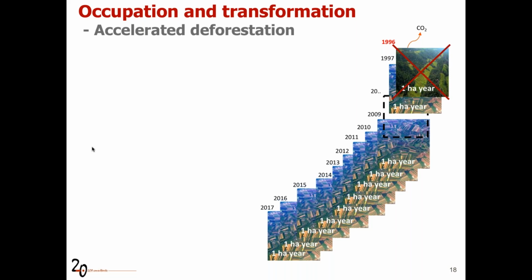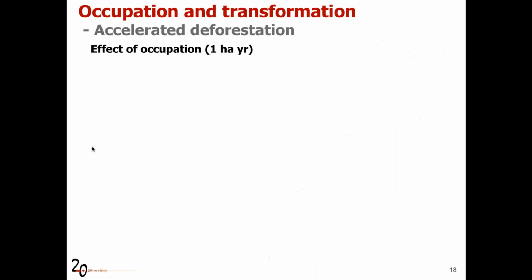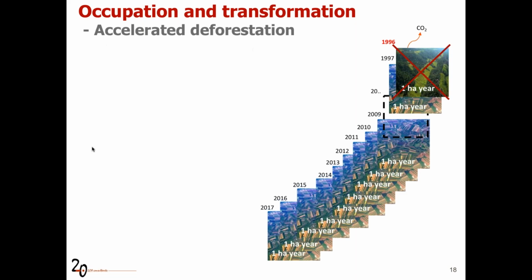It's not possible. So we would like to overcome this kind of logic. So away with that one. So what we do instead is that now I would like to know what are the land transformation effects when I ask for 1 hectare year. And I will not use any form of amortization as referred to in the figure you see here.